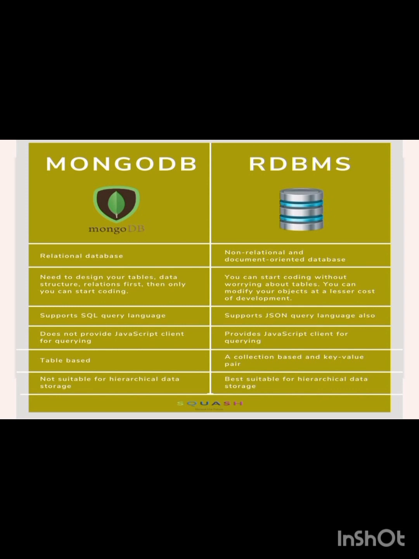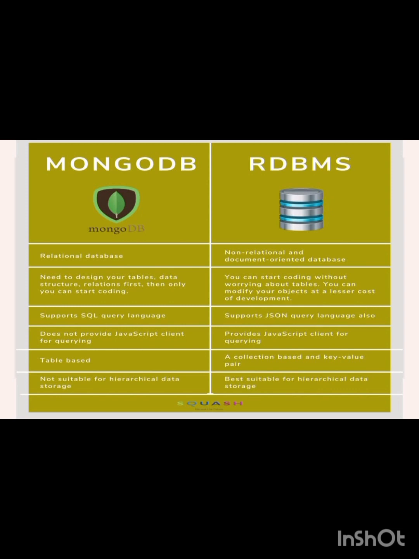RDBMS is vertically scalable, for example by increasing random access memory, whereas MongoDB is horizontally scalable, that is, we can add more servers. RDBMS has a predefined schema, whereas MongoDB has a dynamic schema. RDBMS is quite vulnerable to SQL injection, whereas MongoDB is not affected by SQL injection.